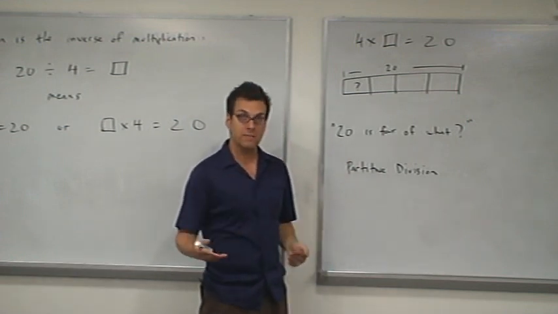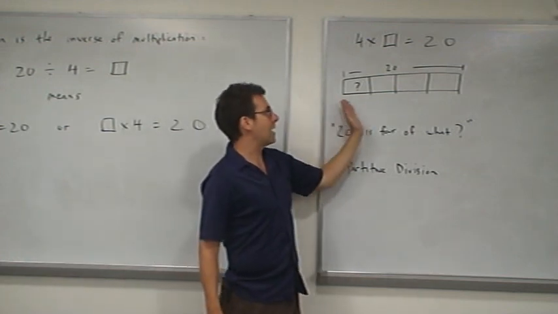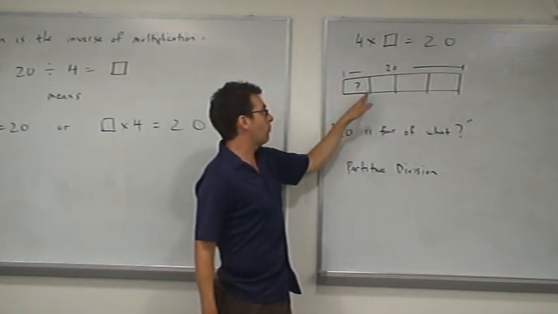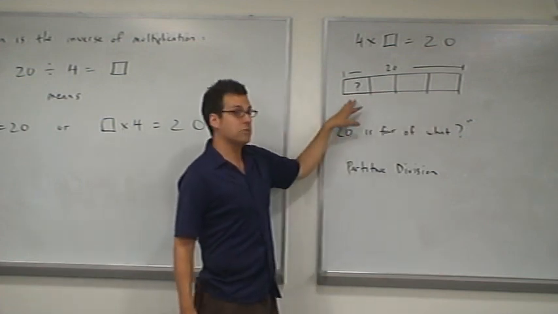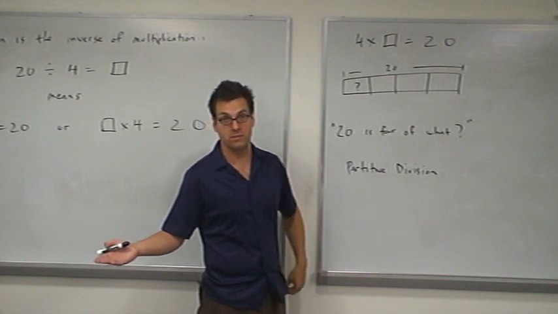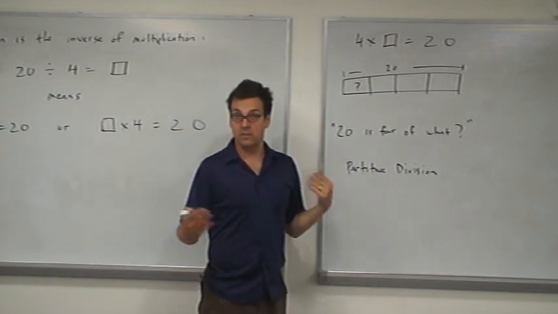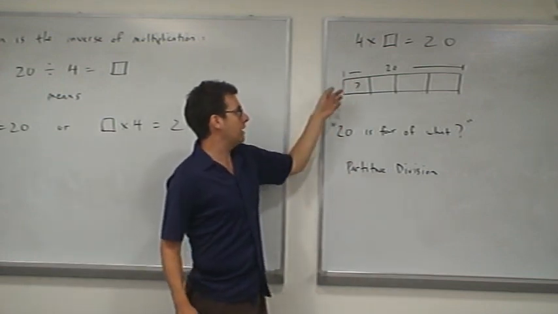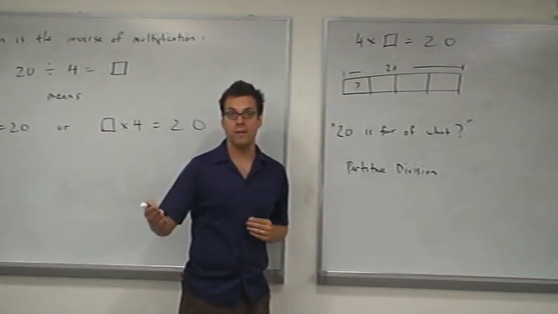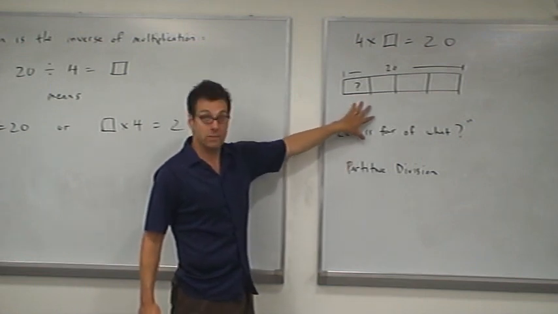And we could represent that pictorially with a bar diagram like this one. So our entire bar is 20. We've got 4 equal pieces, and the answer to the question is what makes up each piece, or what is the size of each piece. So we could interpret this as the question: 20 is 4 of what number? That is the question being asked by this diagram.